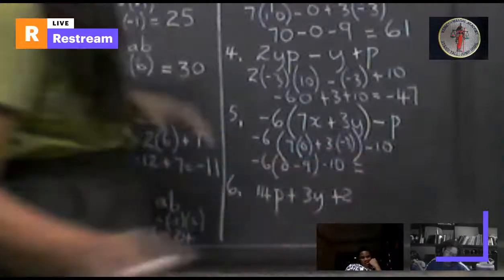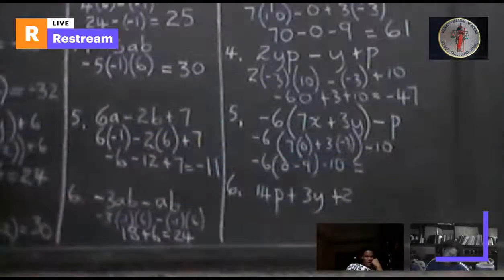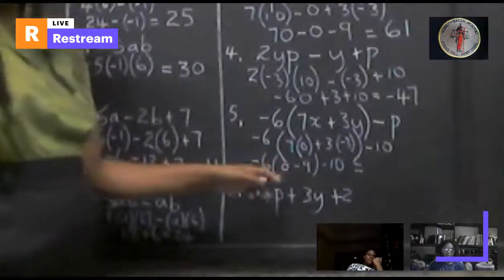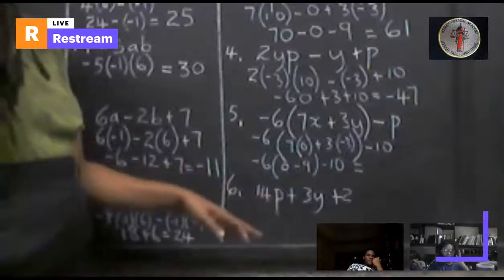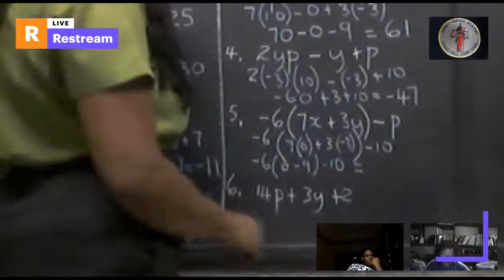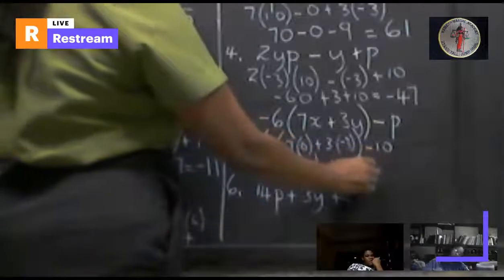So this gives negative 6 times negative 9, which is positive 54, minus 10 is positive 44.